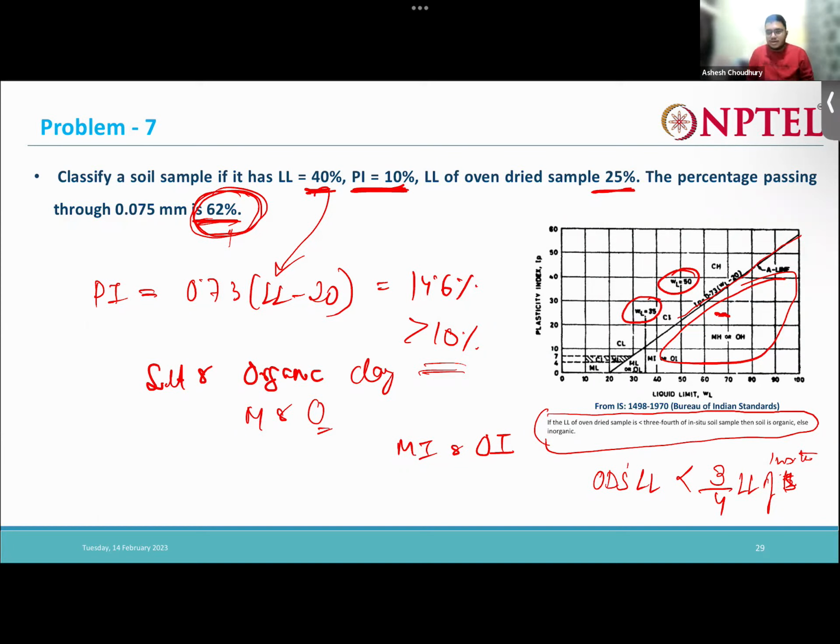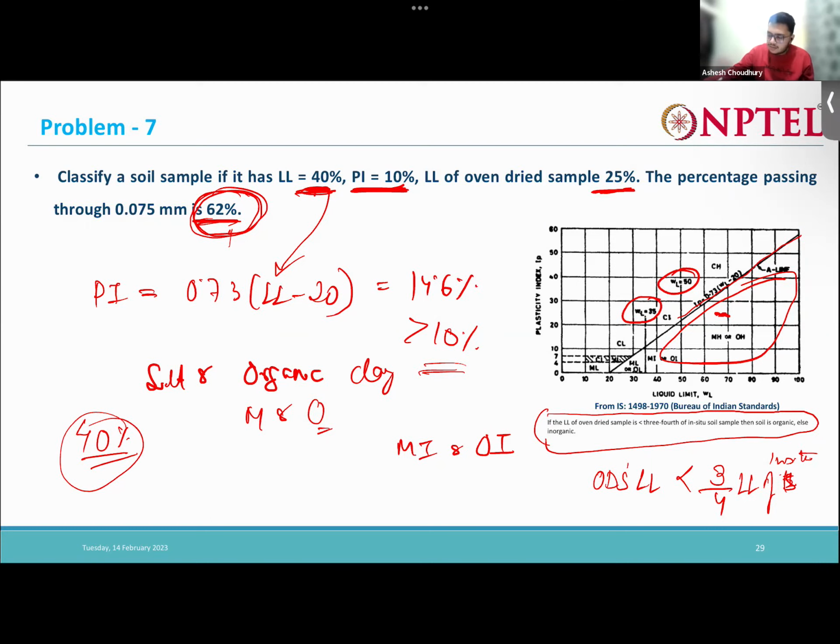So if the liquid limit of the oven-dried sample is less than 3/4 of the liquid limit of the in situ soil sample, then it is organic, else it is inorganic. What is the liquid limit of the in situ soil sample? In situ means directly, 40%. And the liquid limit of our oven-dried sample is 25%.